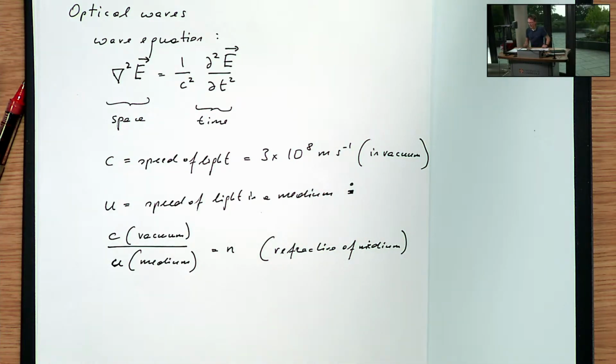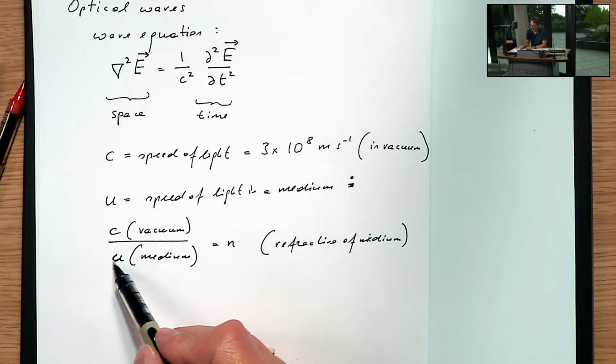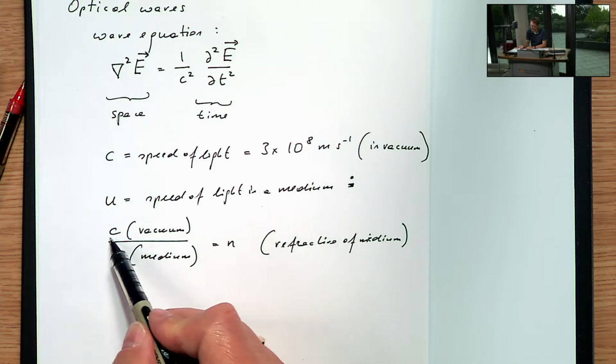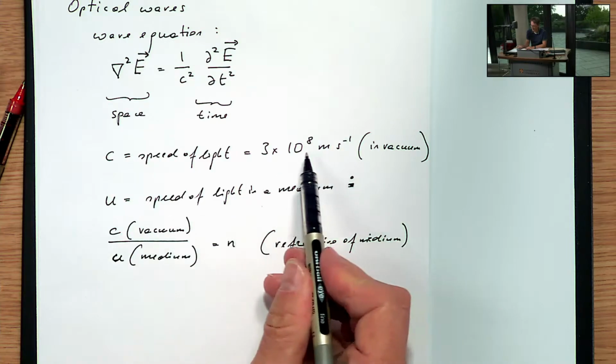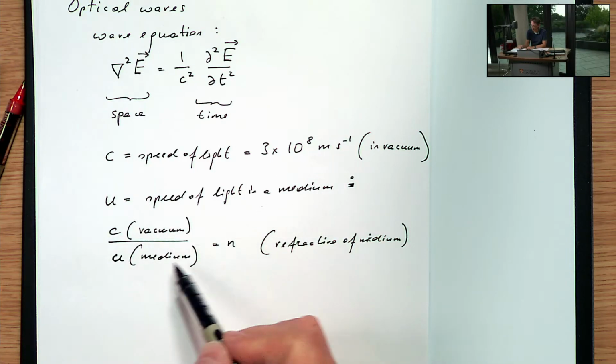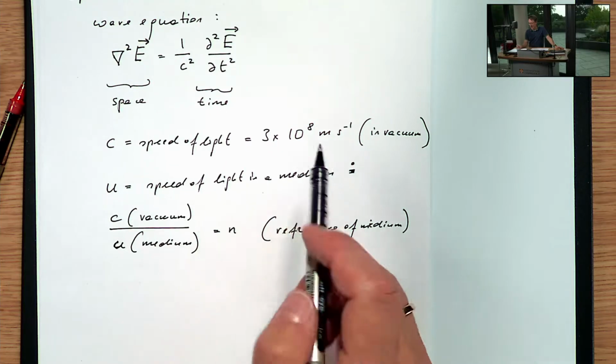So what this tells you is that, for example, water has a refractive index of about 1.3 or something like this. And so if you take 3 times 10 to the 8 meters per second as the vacuum speed, then in water it will be 1.3 times slower. And so only in vacuum do you get this speed.